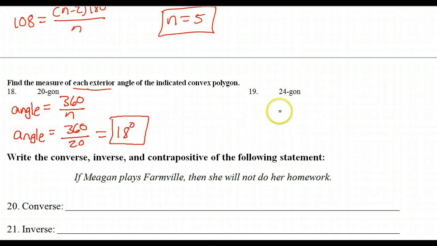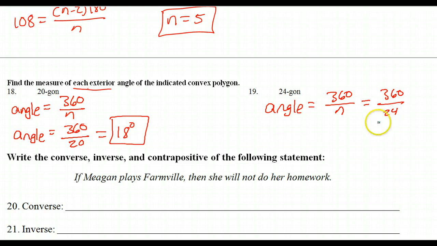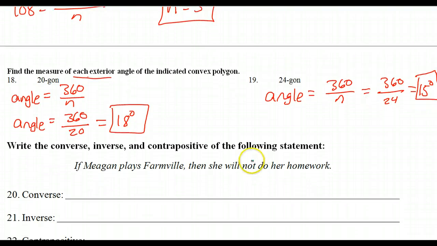That's pretty simple. Once again, for number 19, that angle is going to equal 360 divided by the number of sides. That's just going to equal 360 divided by 24. Let's see, 360 divided by 24, that's 15. 15 degrees. That is how you do that.